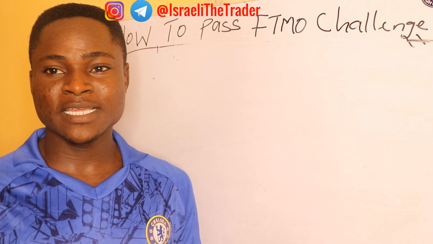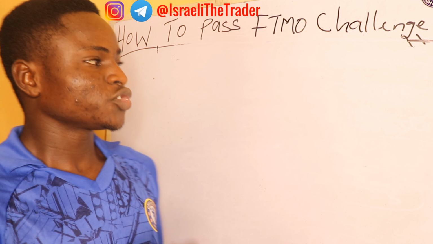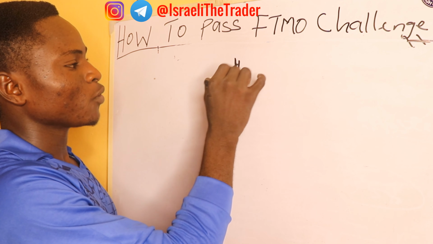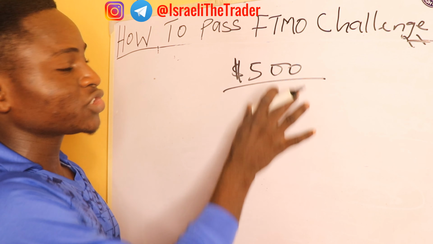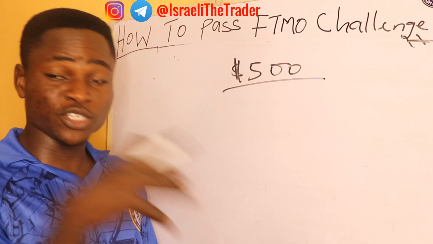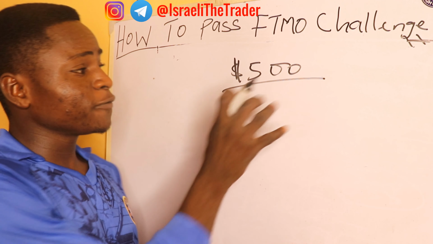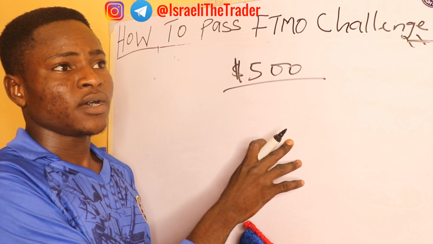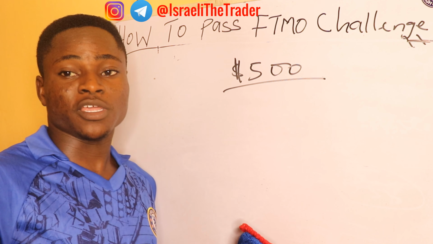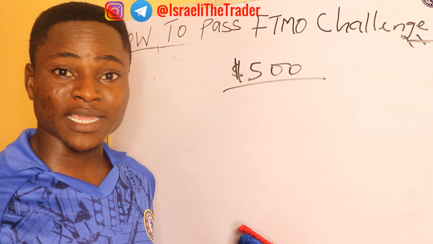Because if you are greedy, let's say for example somebody gives you $500 cash and you're seeing it. You are going to put it in your wallet, right? If you put it inside your wallet, definitely it's going to stay inside, and nobody can take it again.